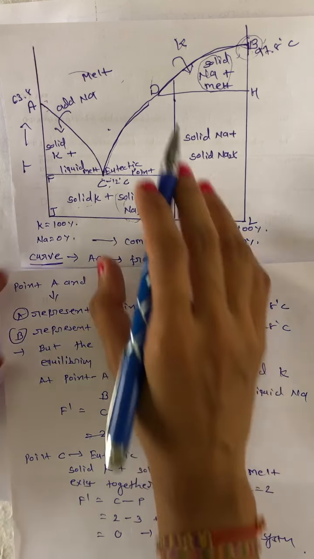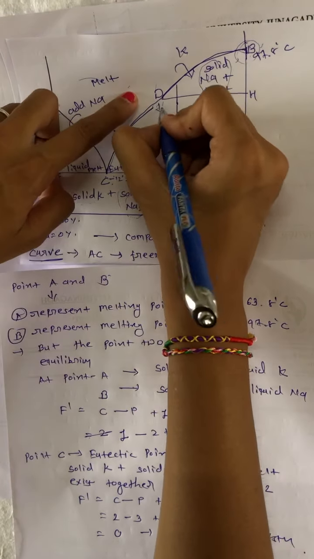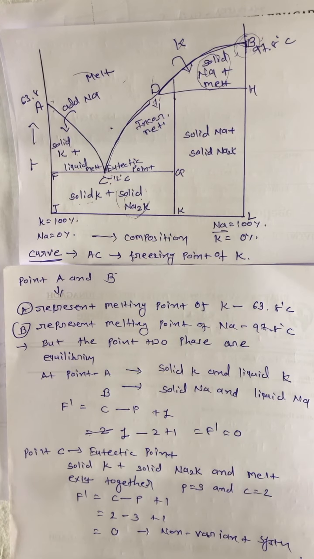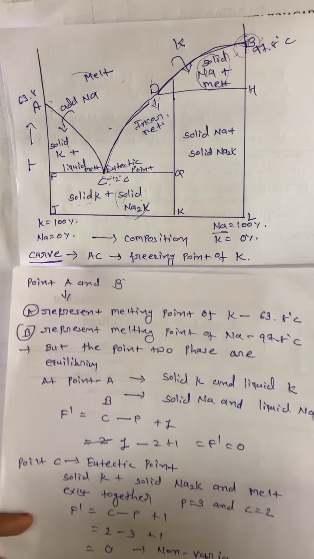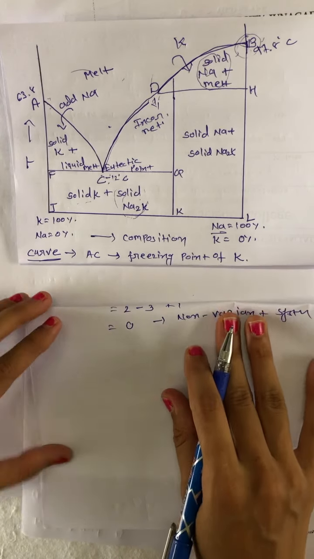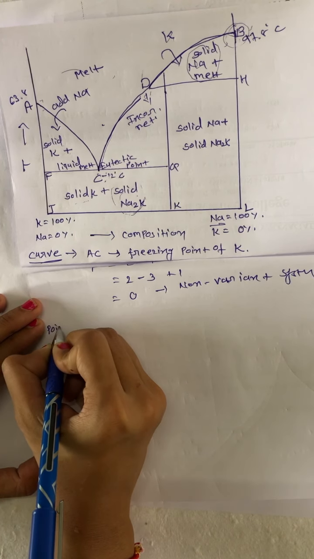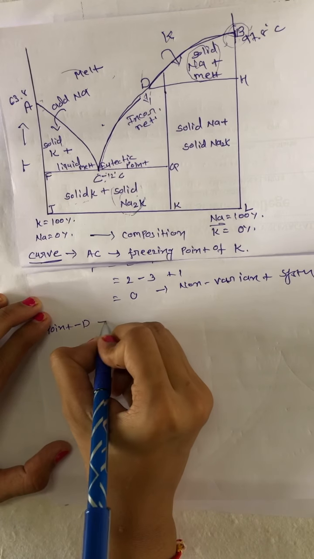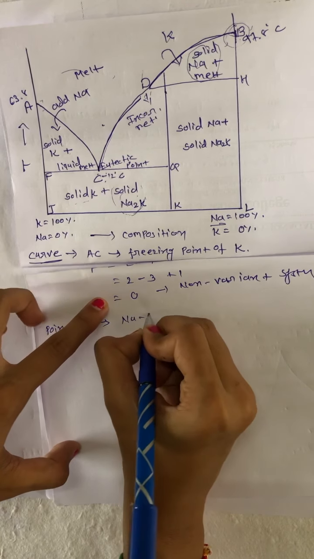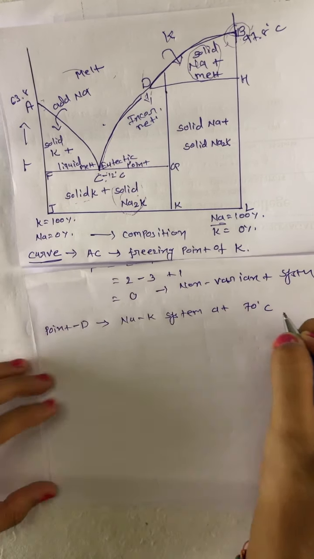But point D is called the incongruent melting point, right? This is called the incongruent melting point. Point D occurs in the Na and K system at 70 degrees Celsius.